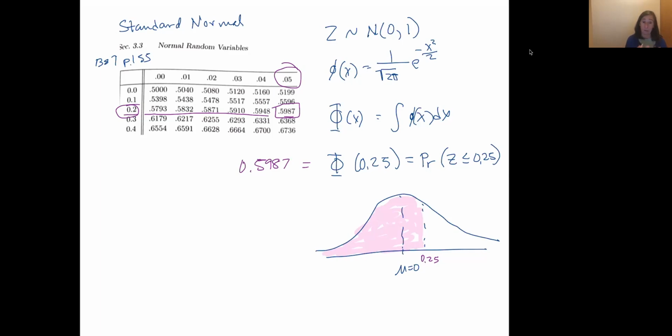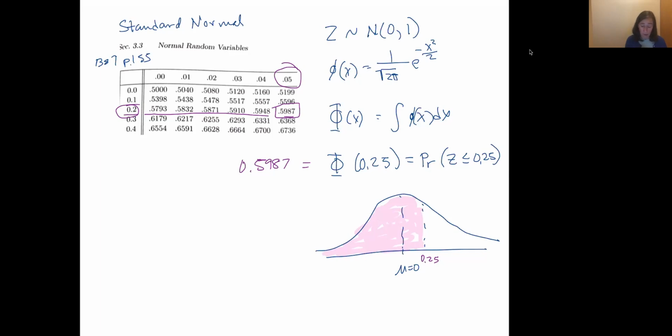When we're using normal random variables to understand our data, the mean and the variance might be very different from 0 and 1. It's no problem, because any question about a regular normal probability, regardless of the mean or variance, can be turned into an equivalent question about a standard normal.